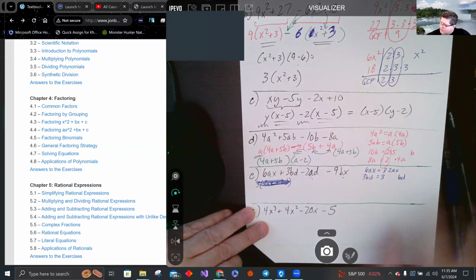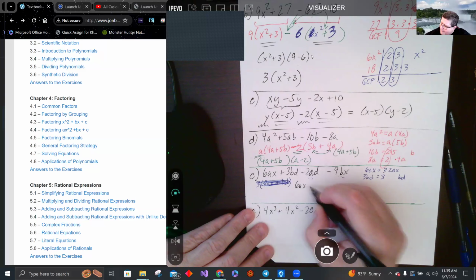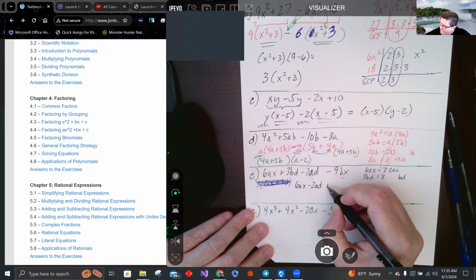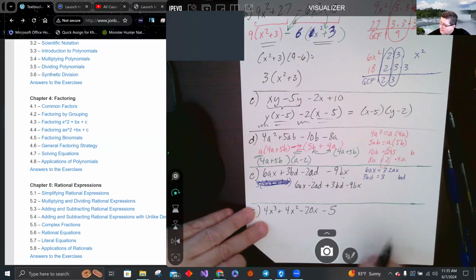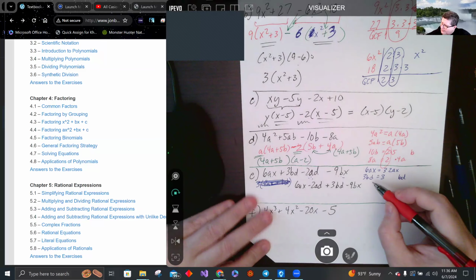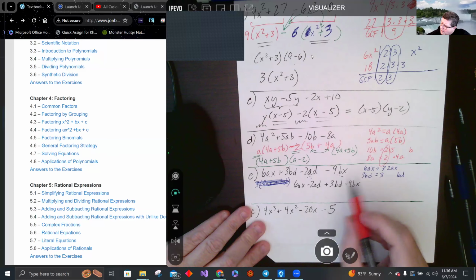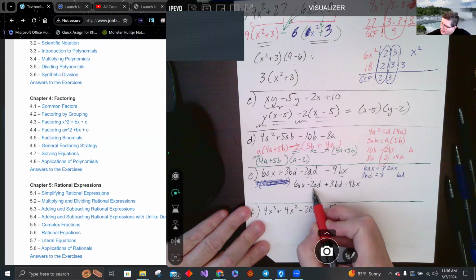So I'm going to rearrange this real quick and have 6ax minus 2ad plus 3bd minus 9bx. Now when I factor, I have a 6a and a 2a.